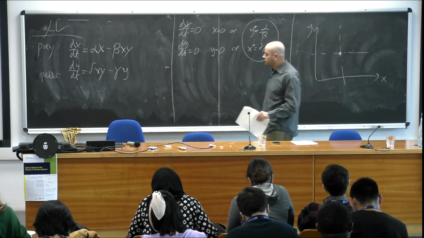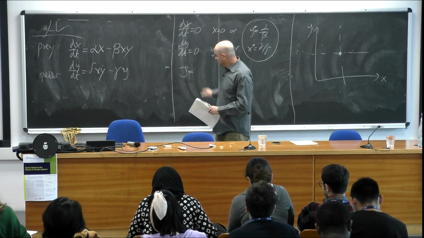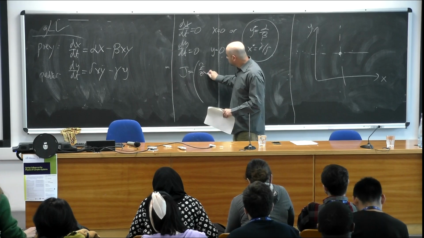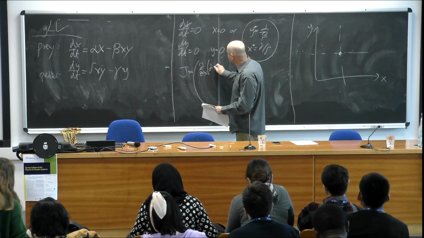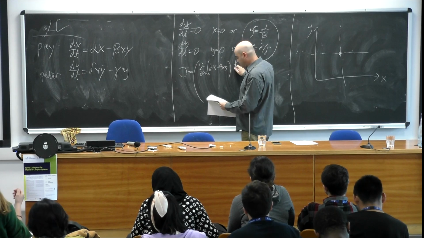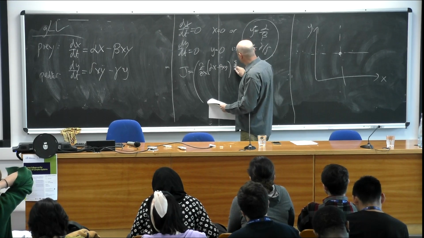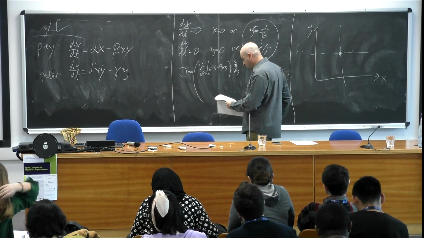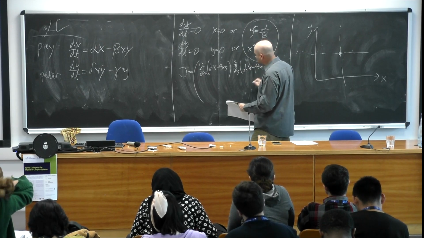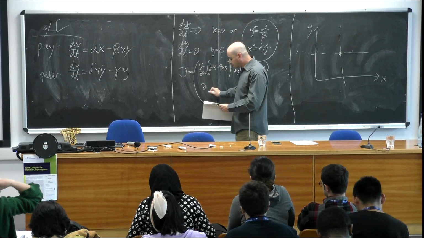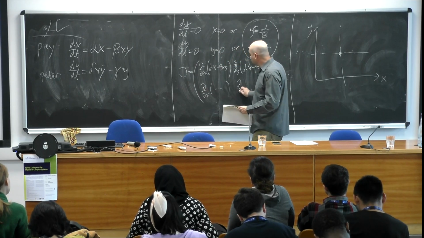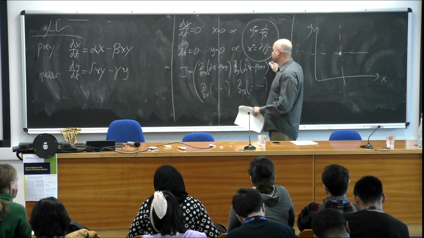So we define the Jacobian, right, which would be just the d/dx of alpha x minus beta xy, the d/dy of alpha x minus beta xy, and so forth, right, the d/dx of the second equation and the d/dy of the second equation.